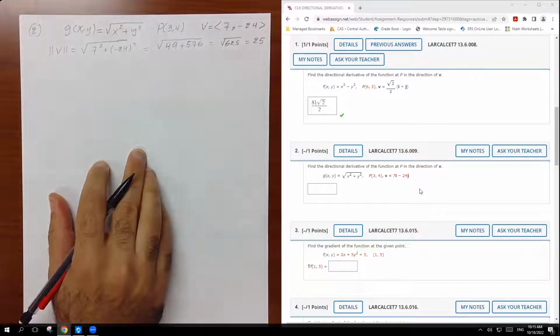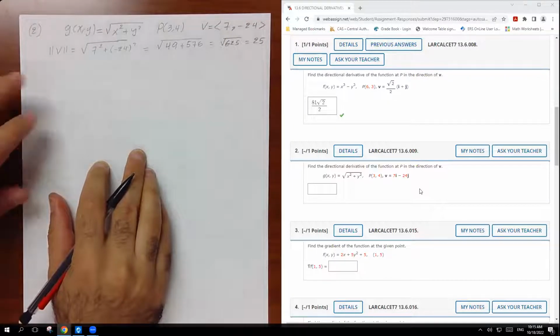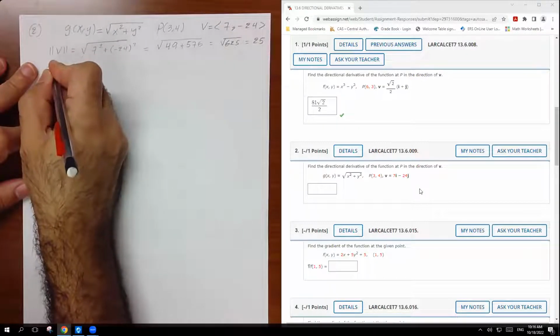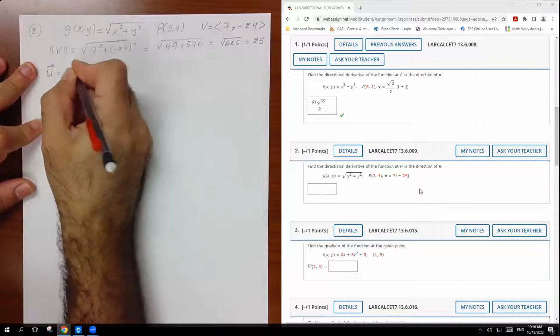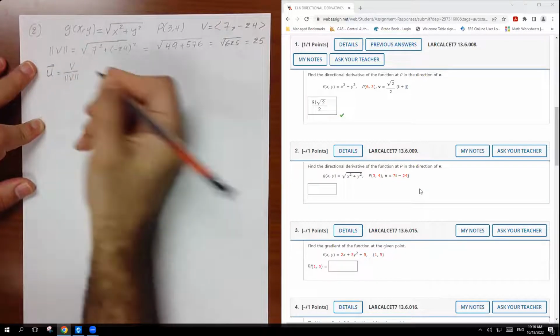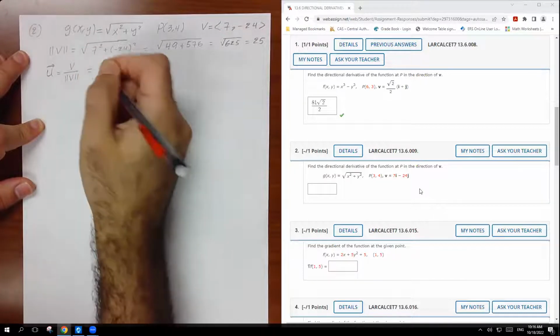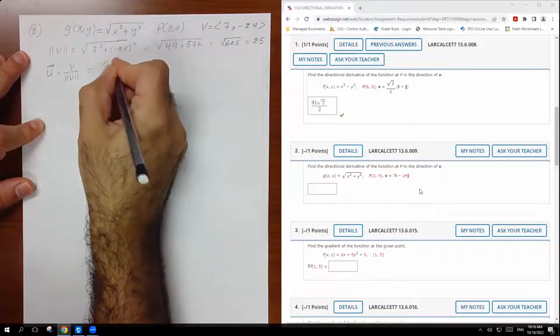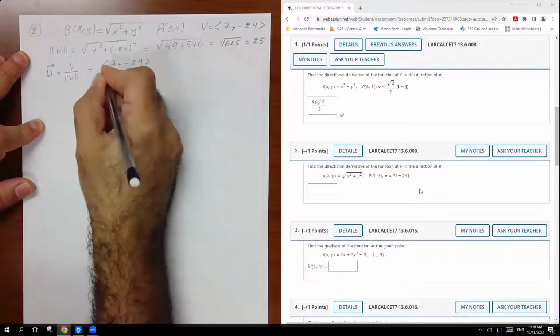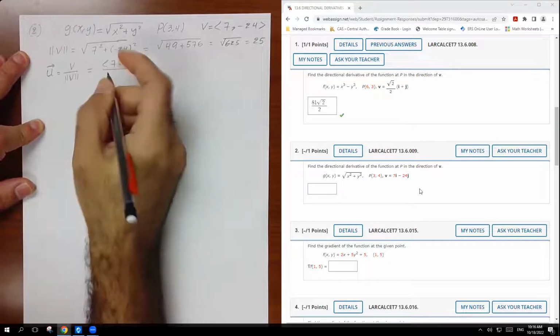So in this case, we have to convert V to a unit vector. Our new unit vector, I'm going to call it U, is equal to V divided by the length. That is the vector 7, negative 24, divided by the length of V, which is 25.